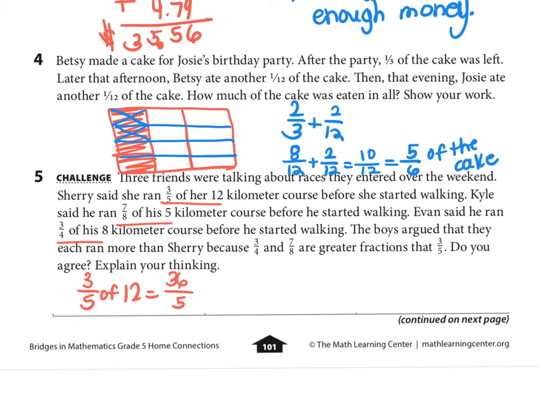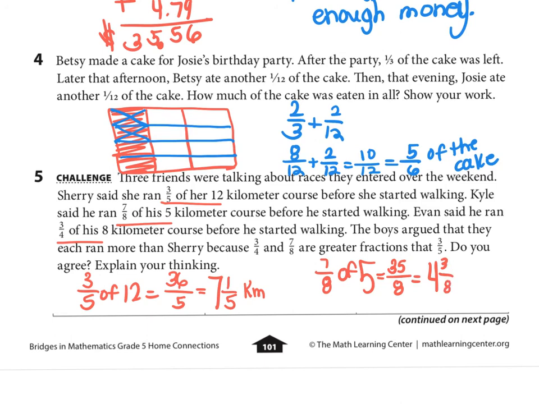So we have 36/5, which as a mixed number would be the same as 7 and 1/5 kilometers ran. The next would be 7/8 of 5 kilometers ran, which would be the same as 35 over 8, which is the same as 4 and 3/8.